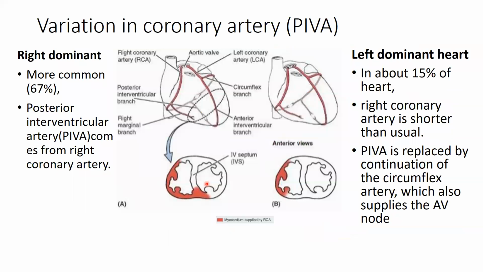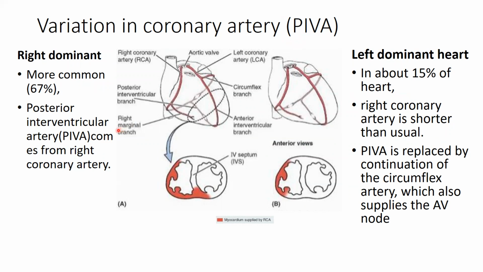This is variation in coronary artery, variation in terms of the posterior interventricular artery, PIVA. It will determine whether the heart is right dominant or left dominant.